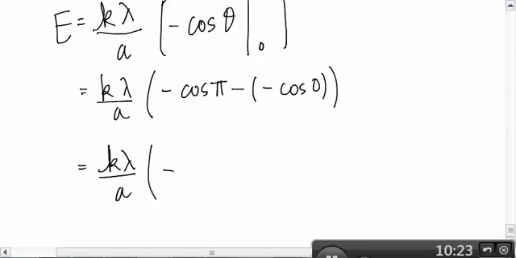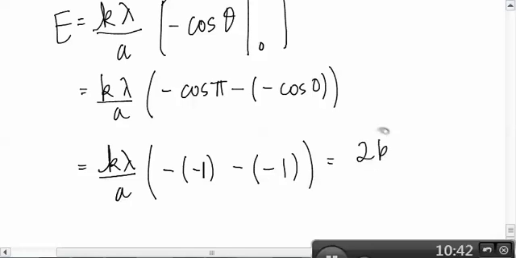So I have a negative times a -1 minus, and the cosine of 0 is 1. Right? So what do we get? 2k lambda over A?